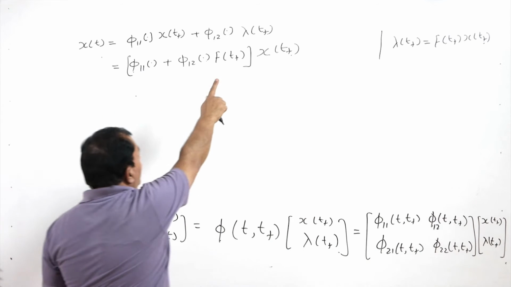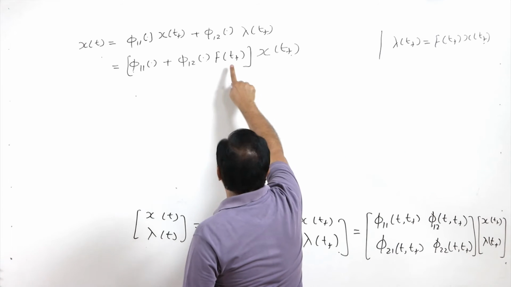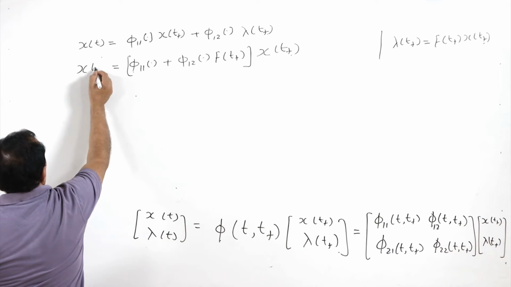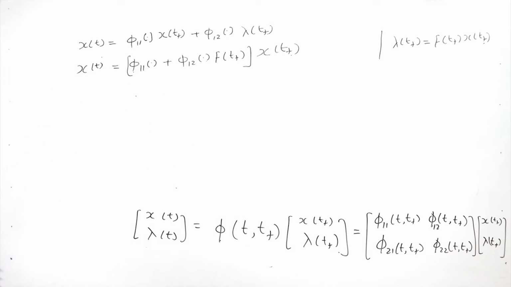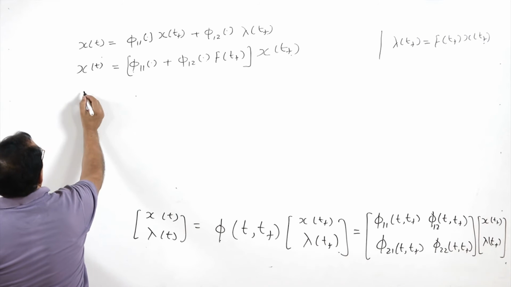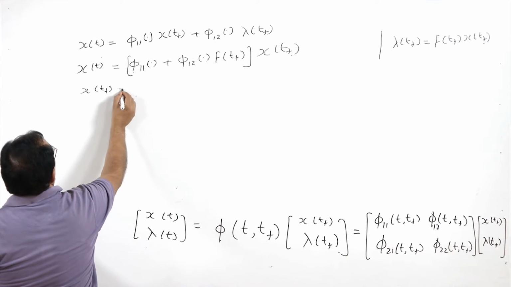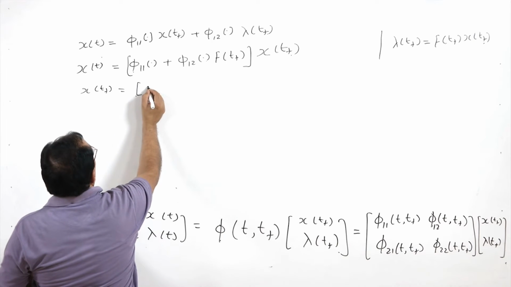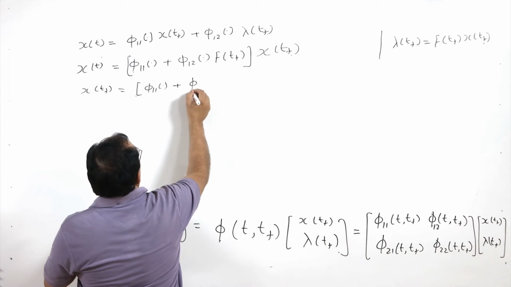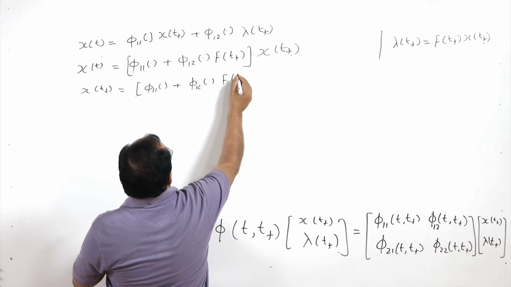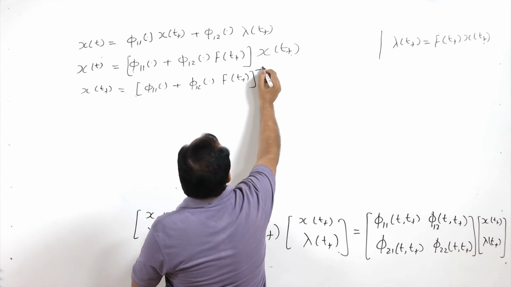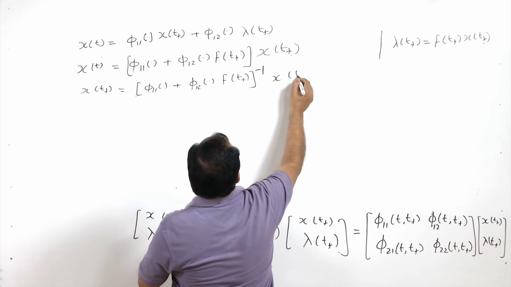So, replacing lambda(t_f) by F(t_f) x(t_f) and substituting here, I can write x(t) in this form in terms of x(t_f). So x(t_f) is nothing but phi 11 plus phi 12 F(t_f), inverse, x(t).